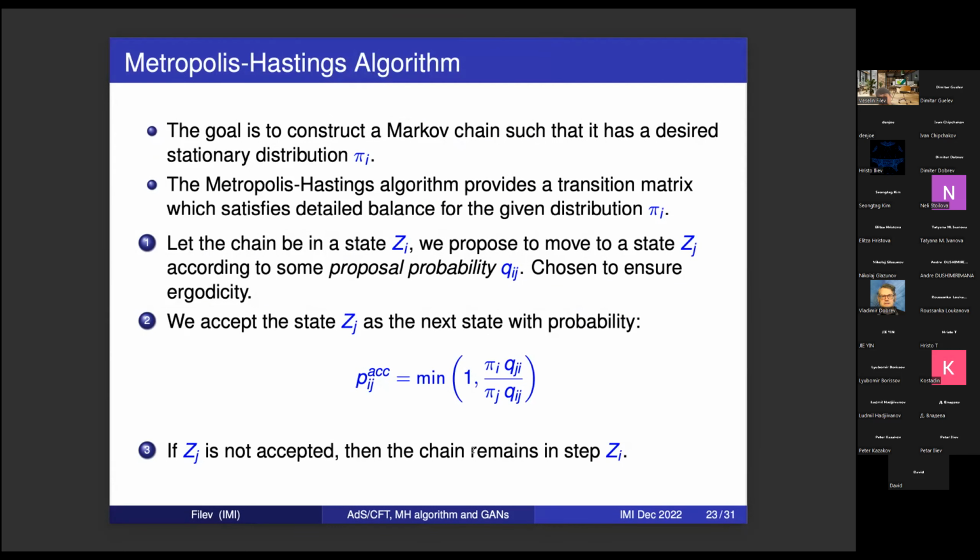If you accept it, you move to the new state. If you don't, you remain in that state. If you keep doing that, you're going to evolve the chain to the required stationary distribution. And now it is actually very, very easy to check that it works.